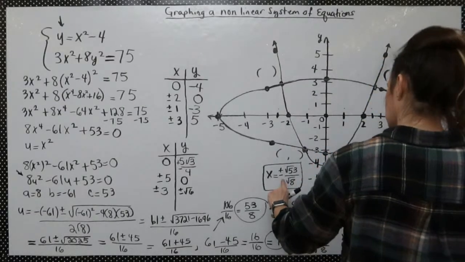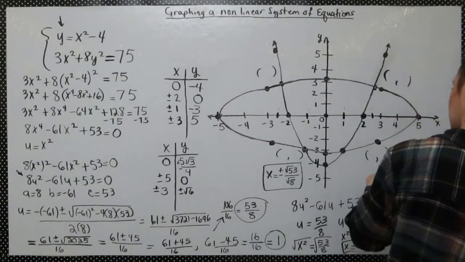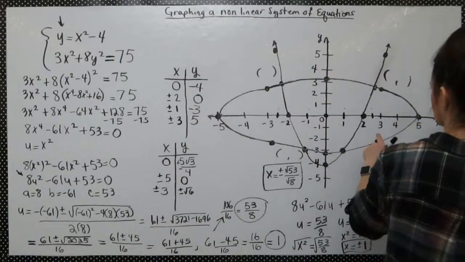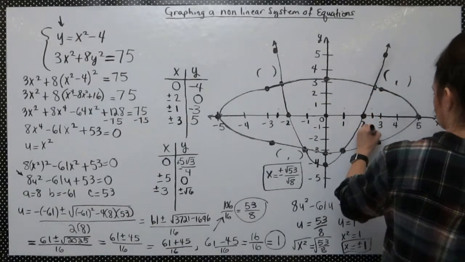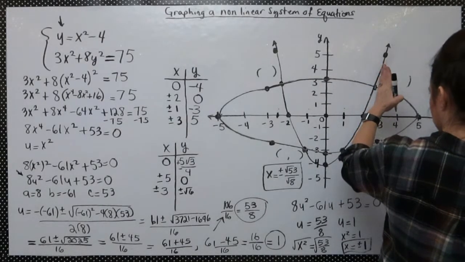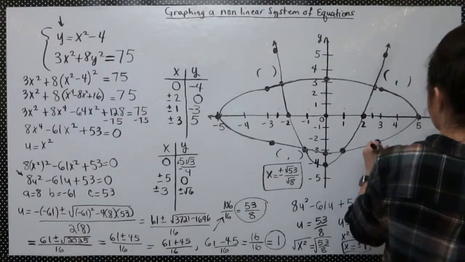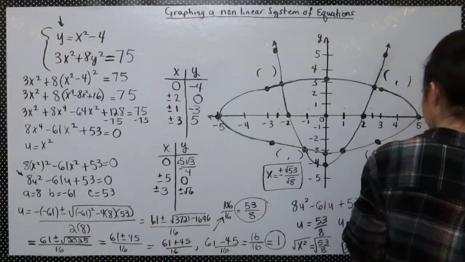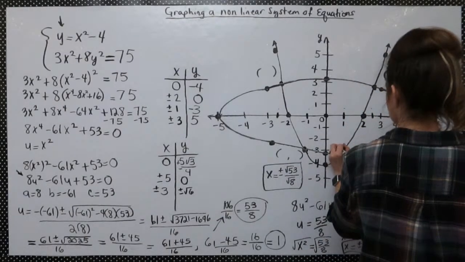So x is plus or minus radical 53 over 8, which is going to be here and here. All right, let's just figure this out. So we got plus or minus 1. So that's this one.